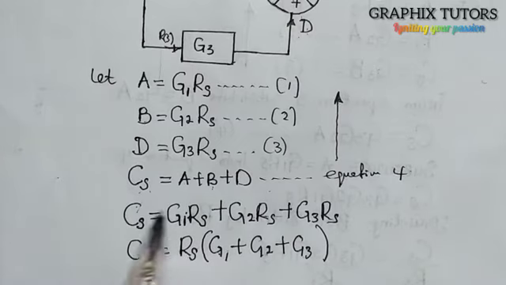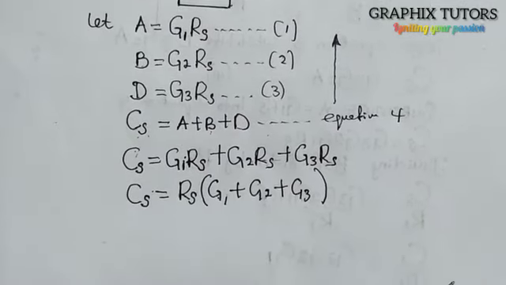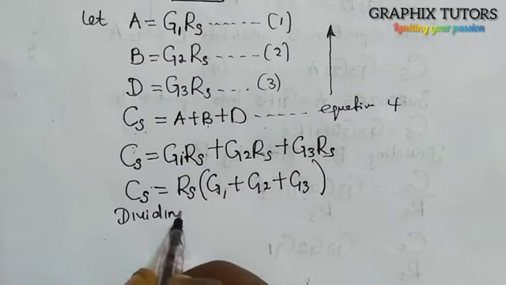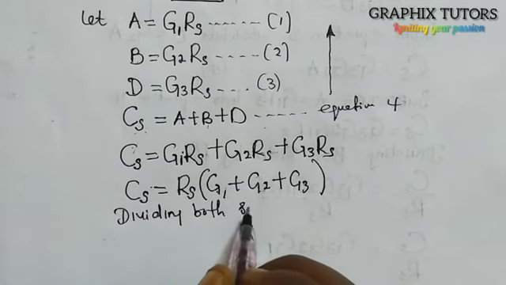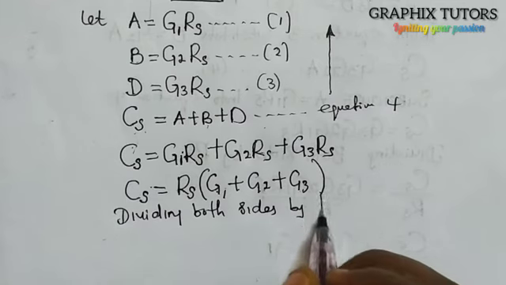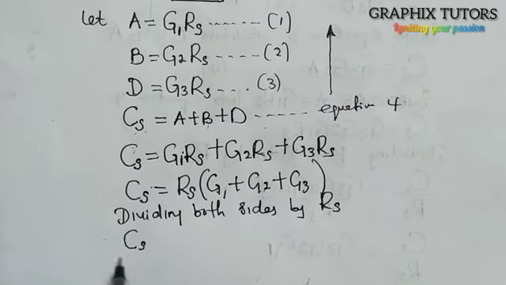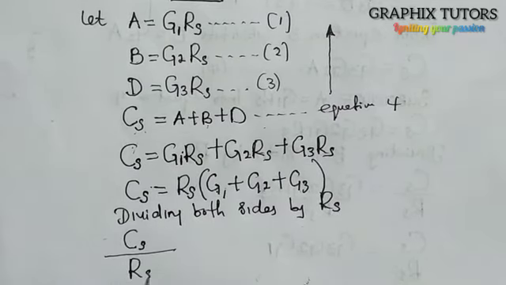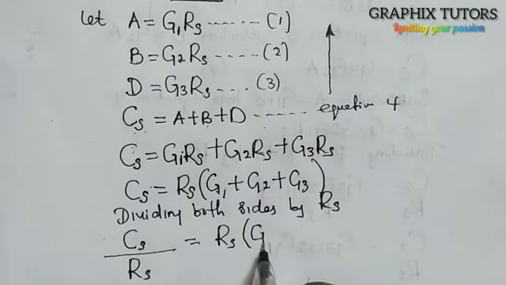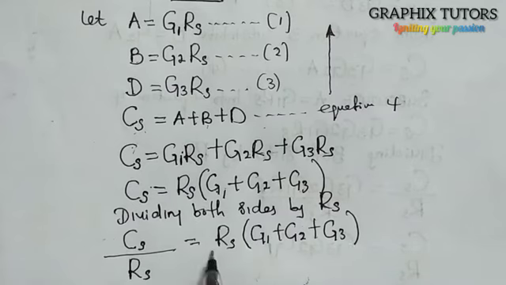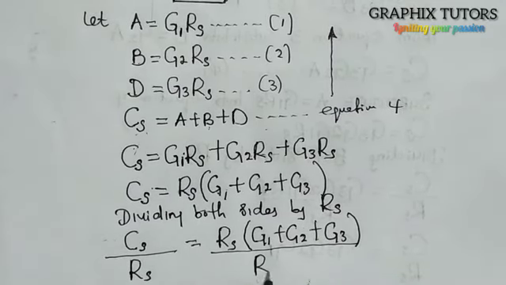The transfer function will give us the output signal over the input signal. So dividing both sides by the input signal RS, we have CS over RS is equal to RS into bracket G1 plus G2 plus G3, everything divided by RS.